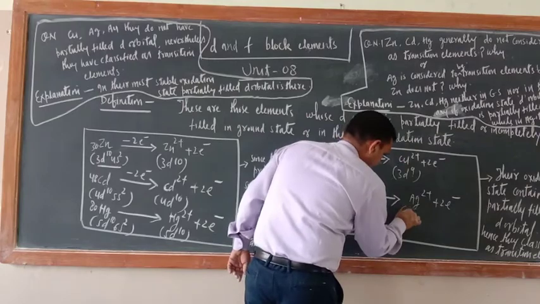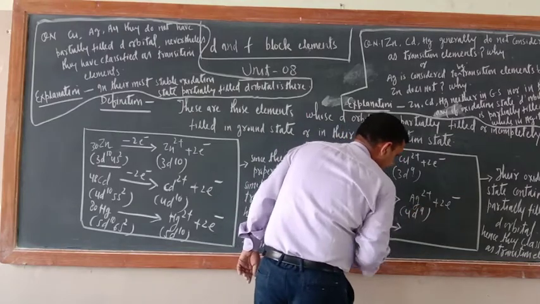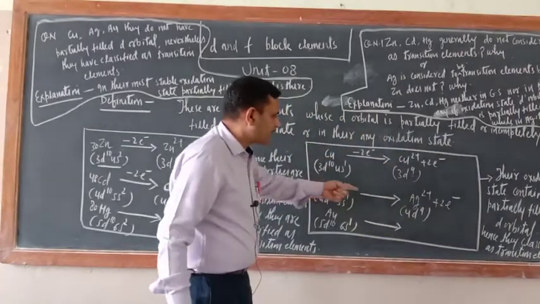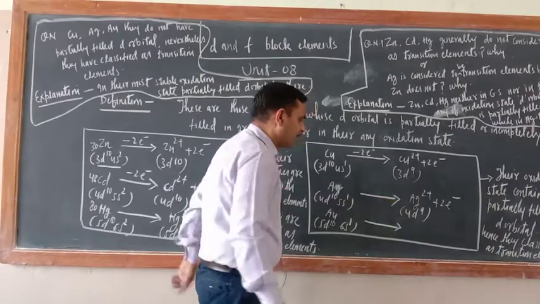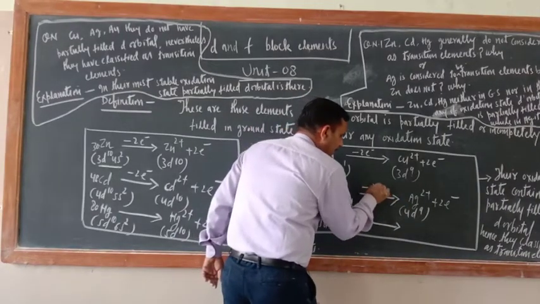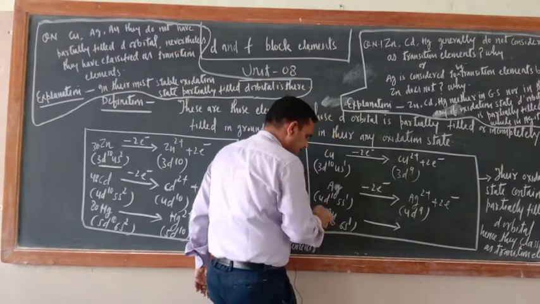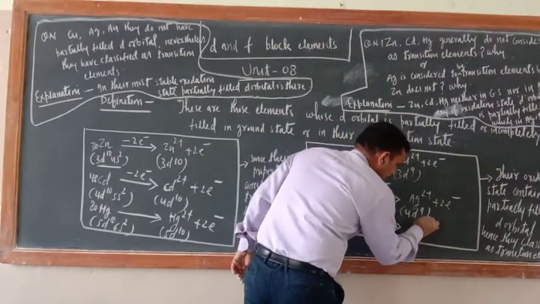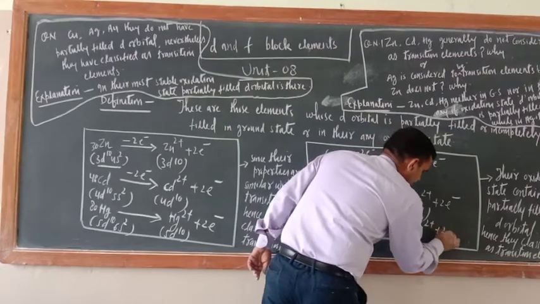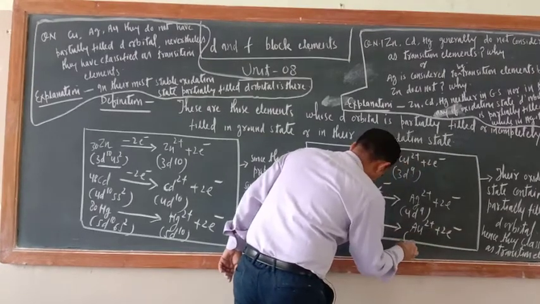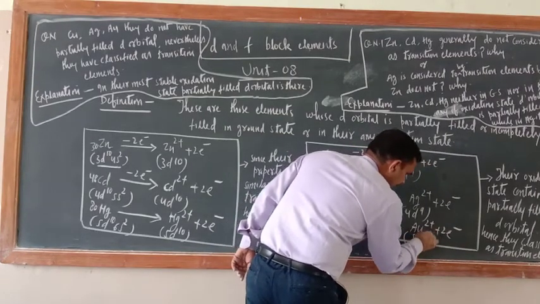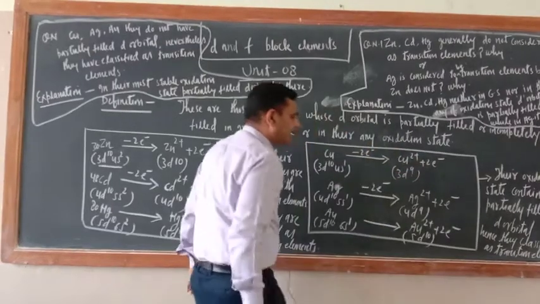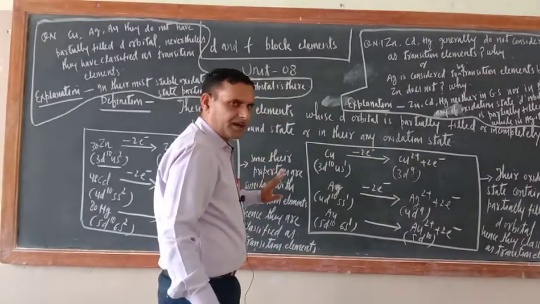So here what would be there? 4d9. Now in Ag also a partially filled d orbital is there after the removal of 2 electrons. Similarly Au2+ plus 2 electrons, here 5d9. Are you getting my point or not?